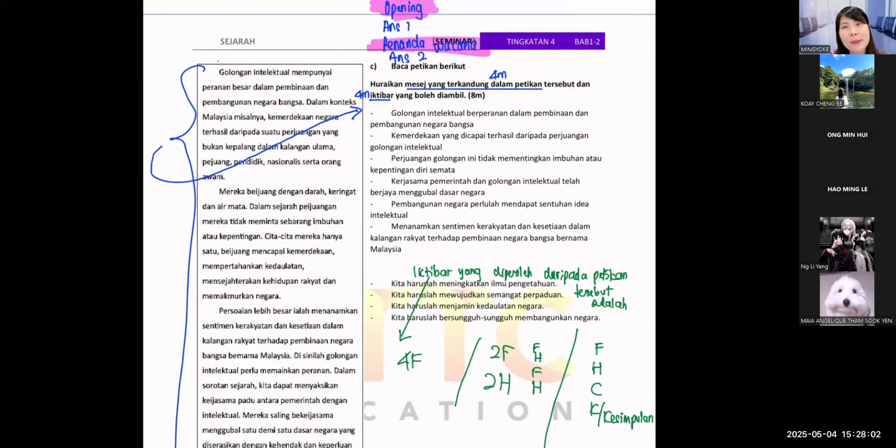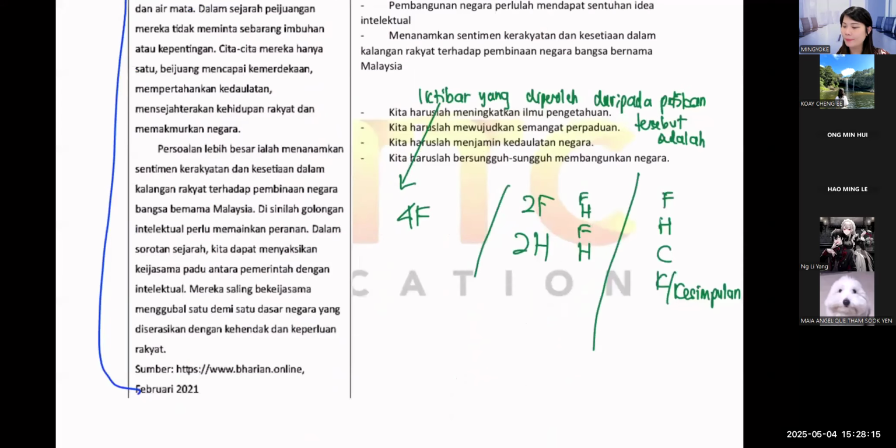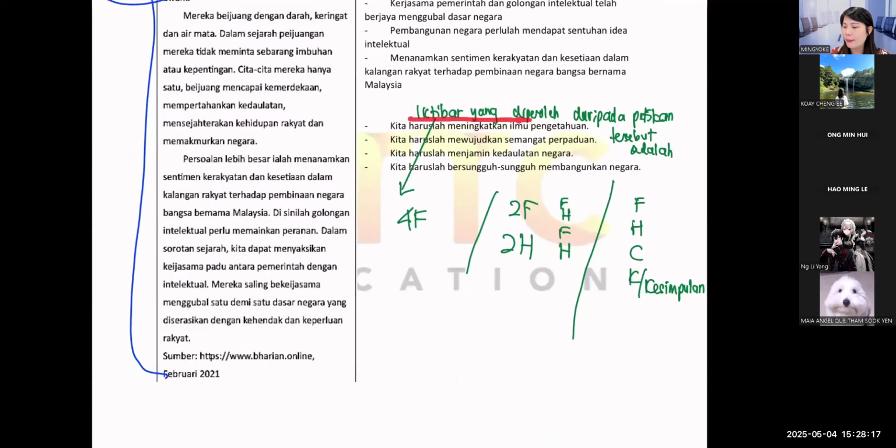Why 4 over 8? Because the other 4 is the iktibar, the lesson learned. Okay, how's the lesson learned? Very simple. You see here? Iktibar yang diperoleh daripada petikan tersebut adalah, you put your K-bar basic method of answering.